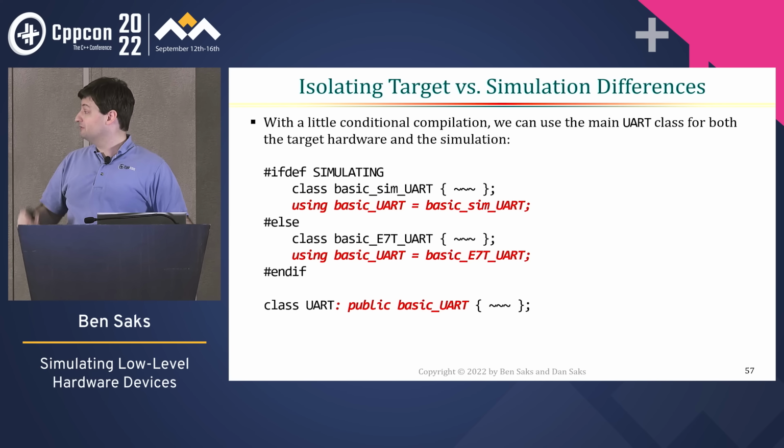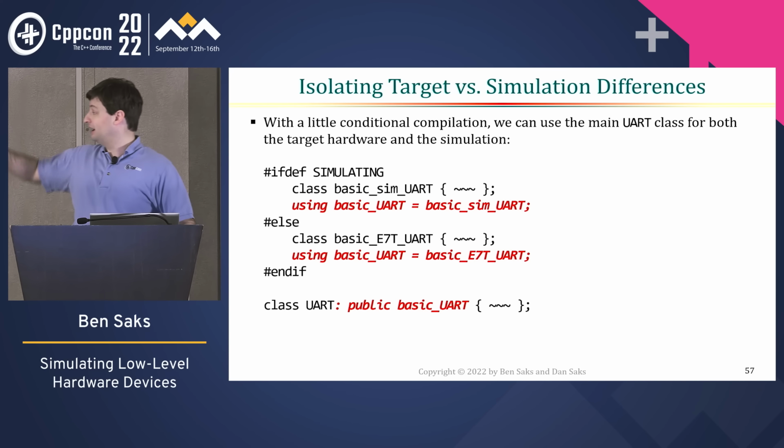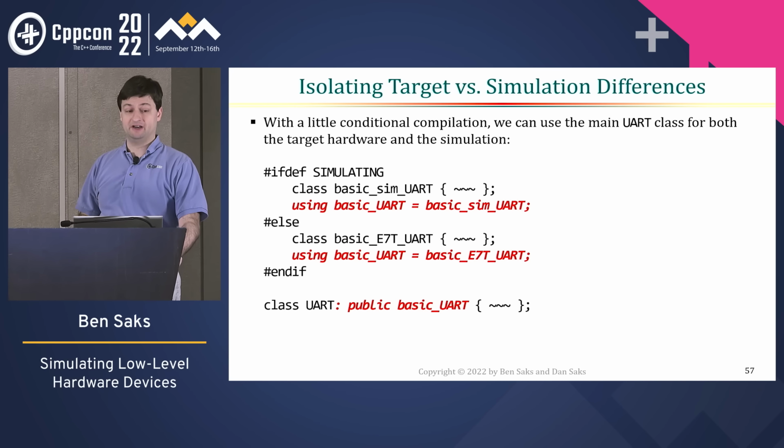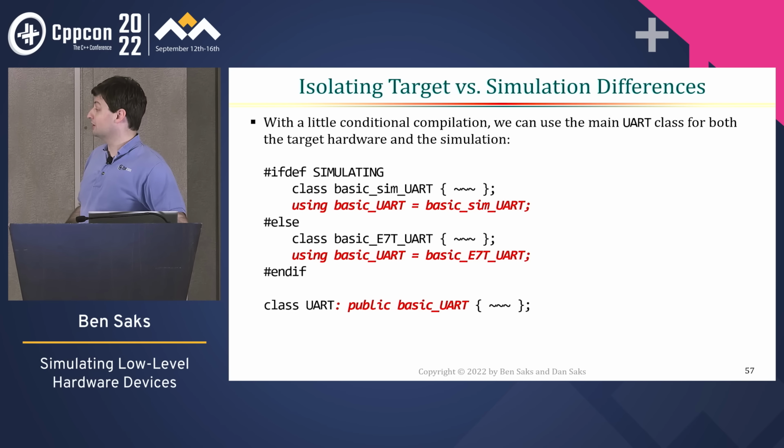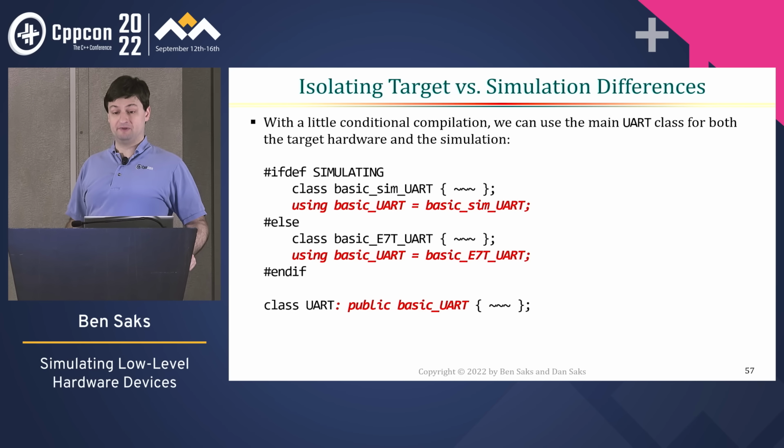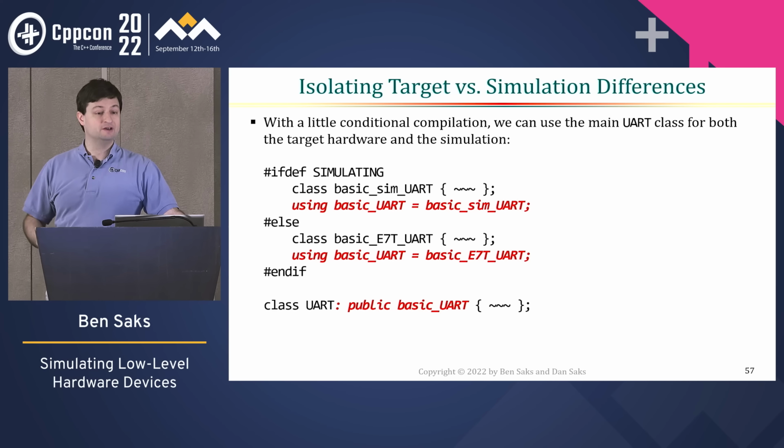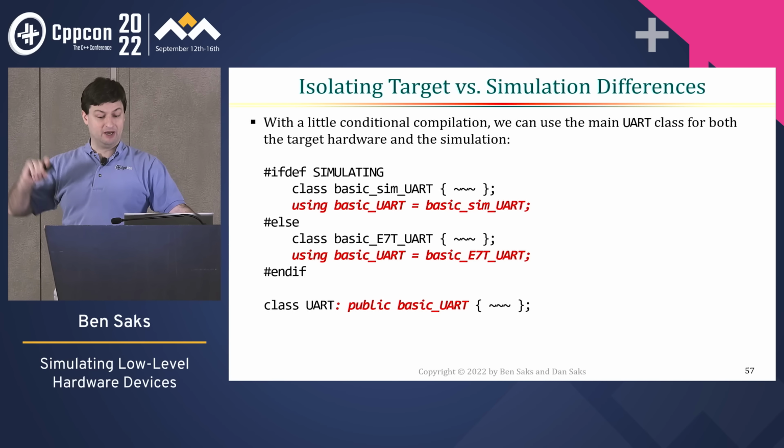In my simulated environment, I have a type that isolates all of the pieces that I need for my simulated UART to work. On the target platform, I've got a type that isolates the things specific to the target platform's version of the UART. The rest of the UART code is shared between the two. It just inherits from a different base class in each of these situations. Otherwise, the code remains exactly the same.